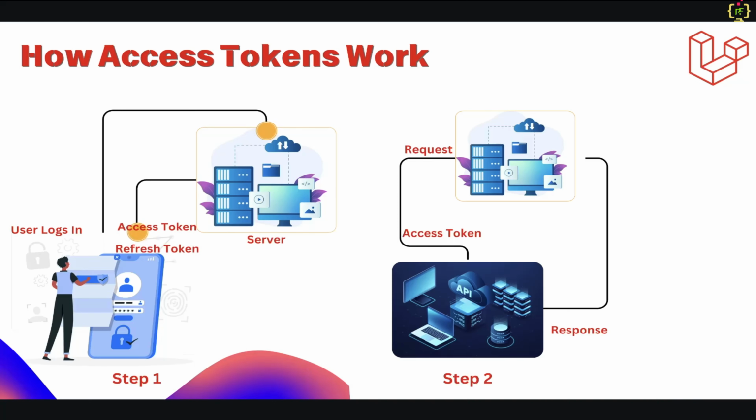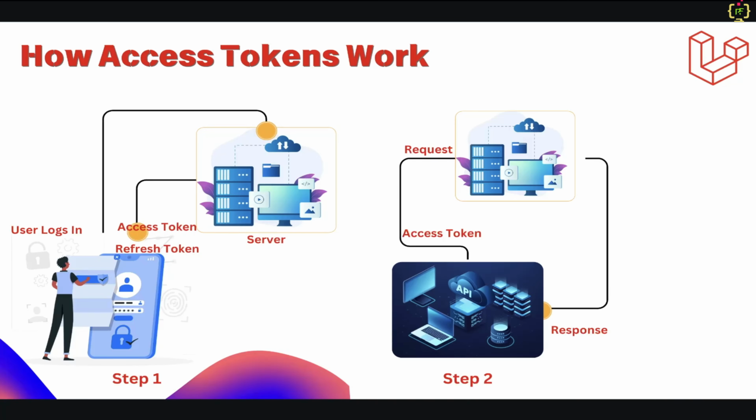Now for making another API request, you just have to pass that access token. So in step 2, when you make another API call, you pass the access token in the headers as a bearer token, and then you receive the API response. Okay, so this is the normal flow of the access token.